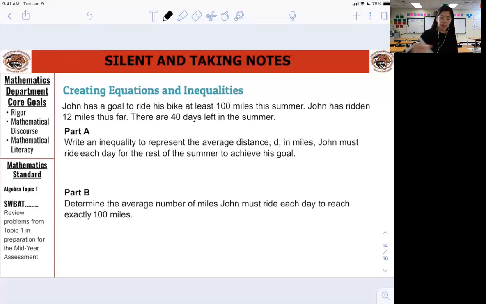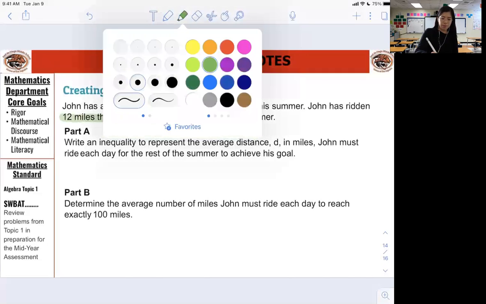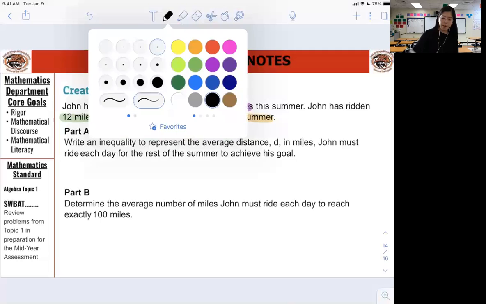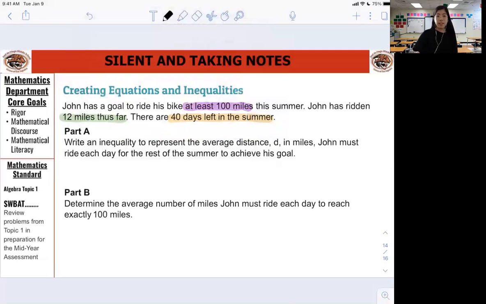Okay, couple of things. We know that his goal is to ride at least 100 miles. He has already ridden 12 miles. And there's 40 days left. Can we put it greater than or equal to? Yeah, whatever he's doing, it has to be at least 100 miles, so it has to be greater than or equal to 100.